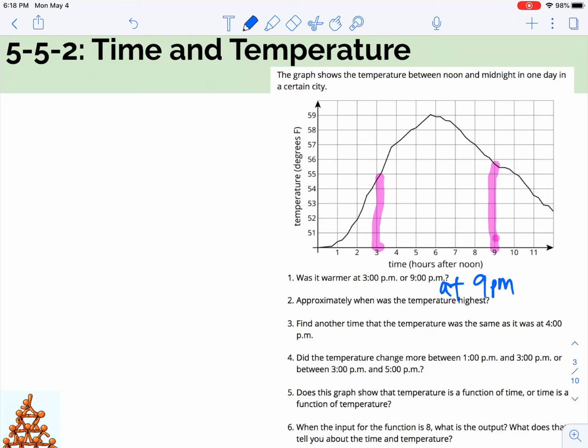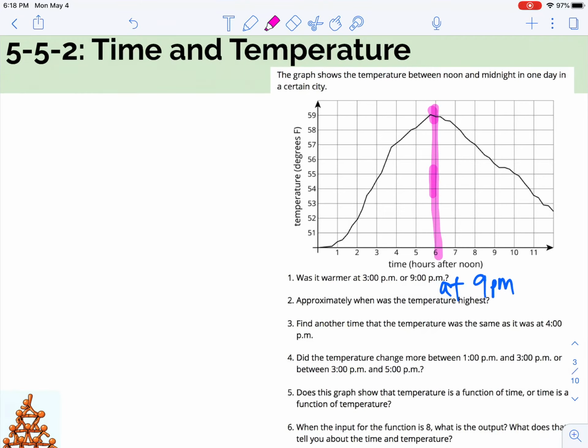Approximately when was the temperature the highest? So then you're gonna draw from the peak straight down.